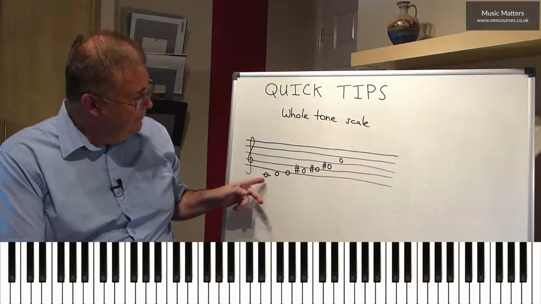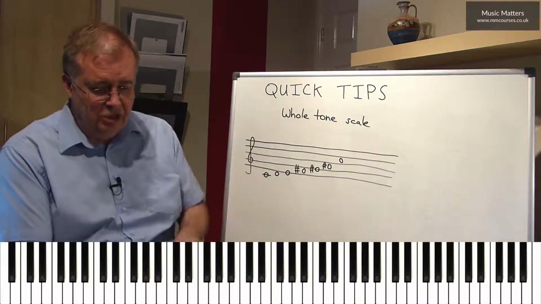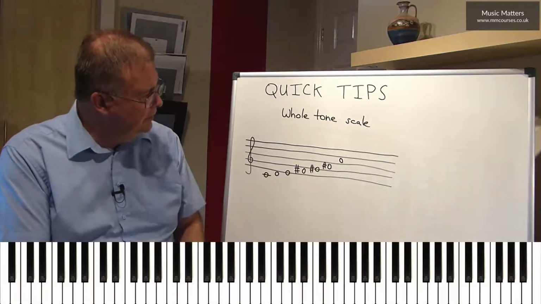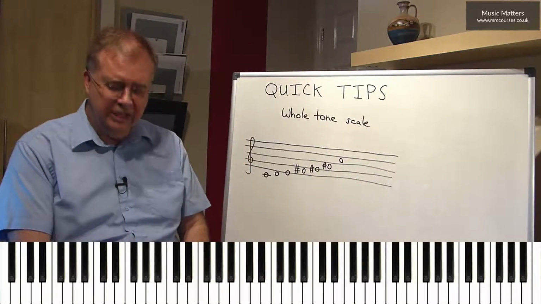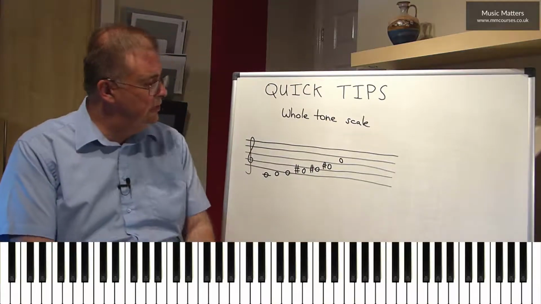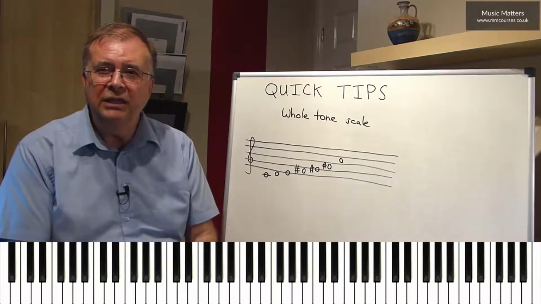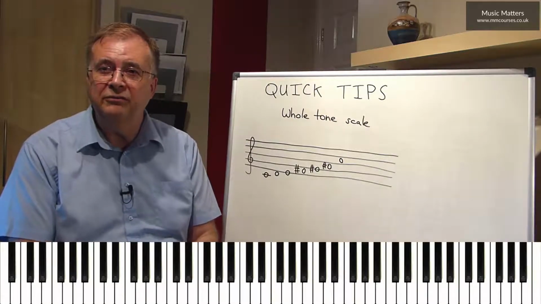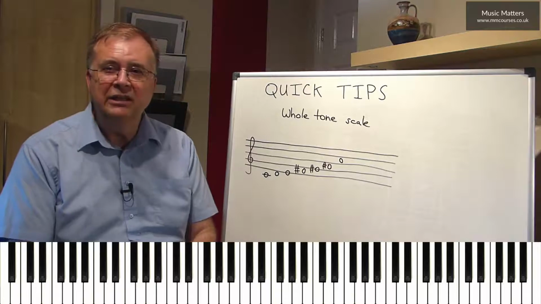And of course, you don't have to start on C. You could start on C sharp and go C sharp, D sharp, E sharp, and so on, and give yourself a whole tone scale starting somewhere else. But some composers have made a bit of a virtue of this. Debussy, for example, he likes the whole tone scales. Other composers during the 20th and 21st century have made quite a deal of this as well.